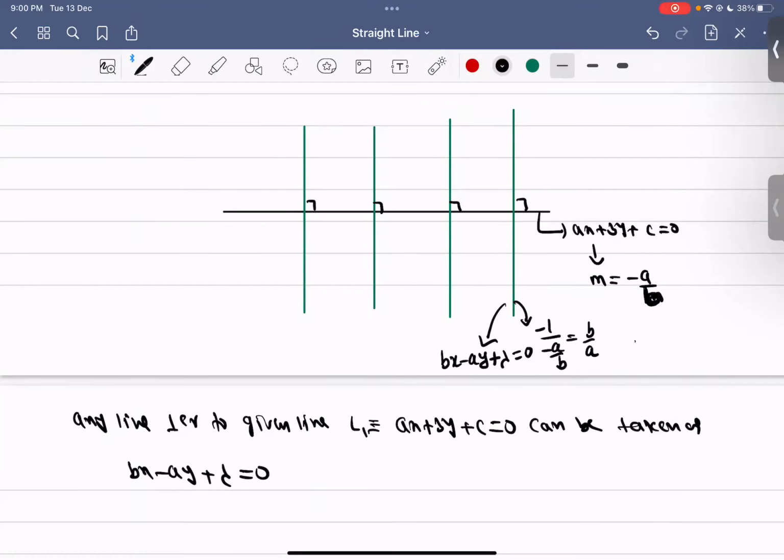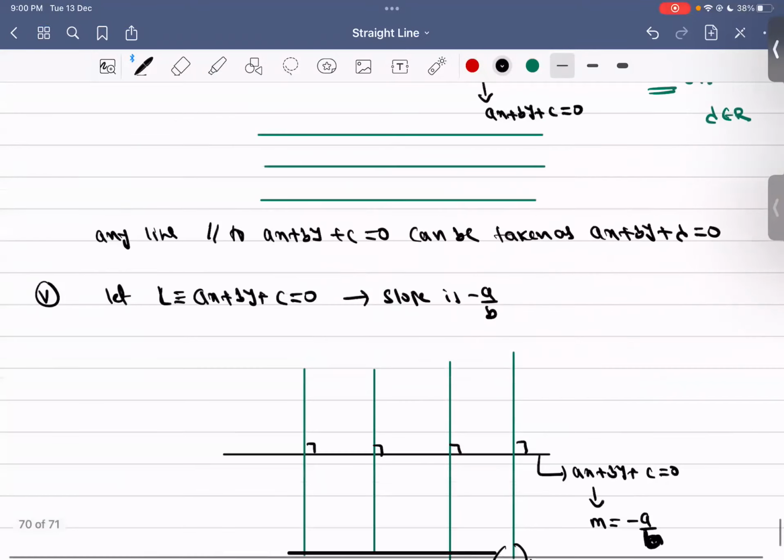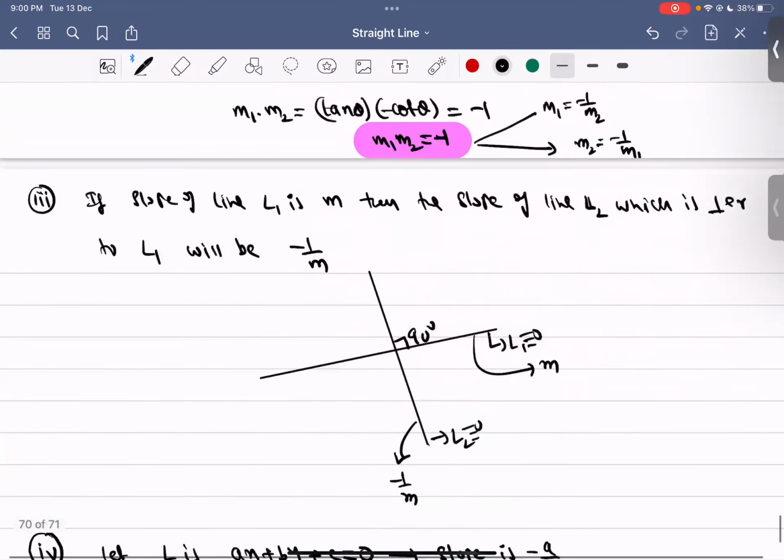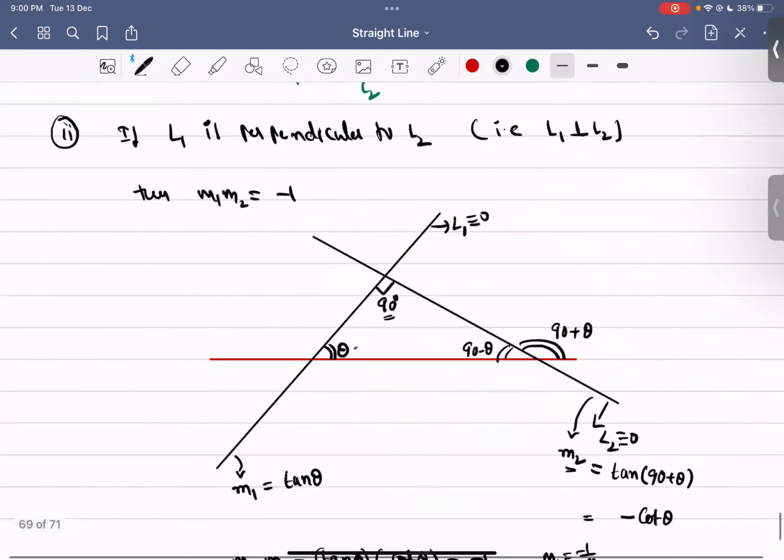Clear? These 5 points? Yes, sir. Memorize all these 5 points.